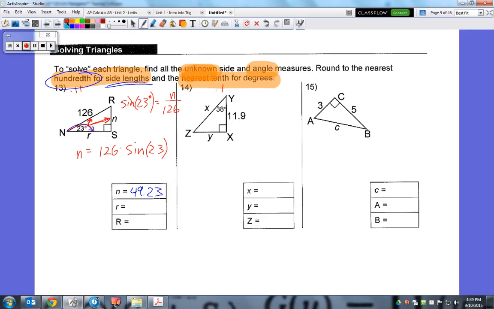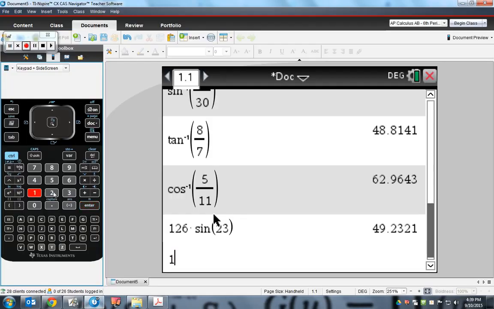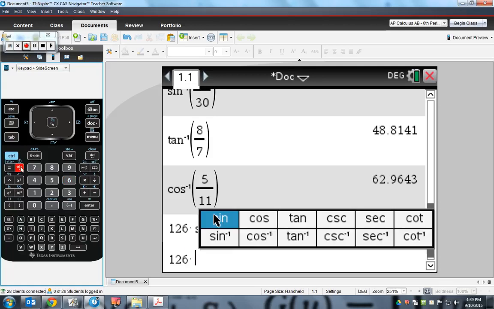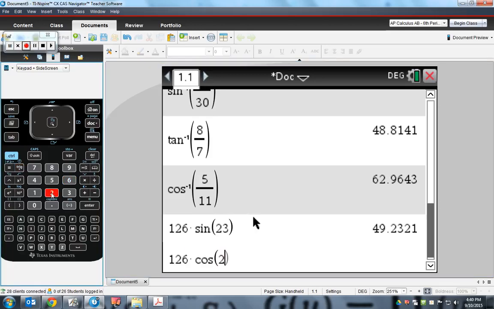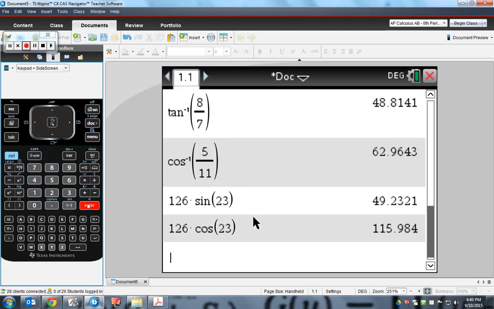So adjacent, hypotenuse, I can set it up as the cosine of 23 is equal to r over 126. So that r is equal to 126 times the cosine of 23. So 126 times the cosine of 23 is going to give me the answer of 115.98.